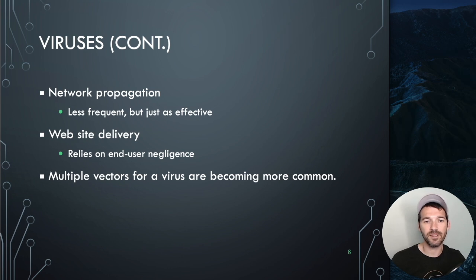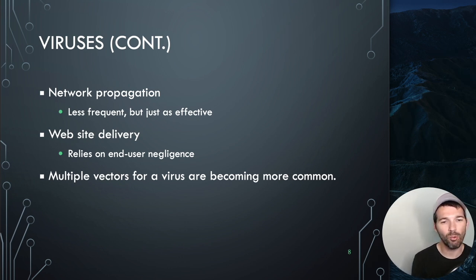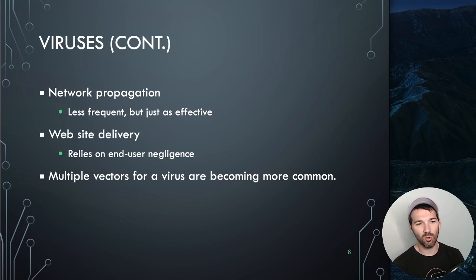Now, website delivery, I'm going to skip network because I already spoke about that, but website delivery is another interesting technique. And this one I do see more often nowadays, but it can be two ways. One, it's called watering hole techniques, where you visit a website and your web browser is actually vulnerable to some exploit.